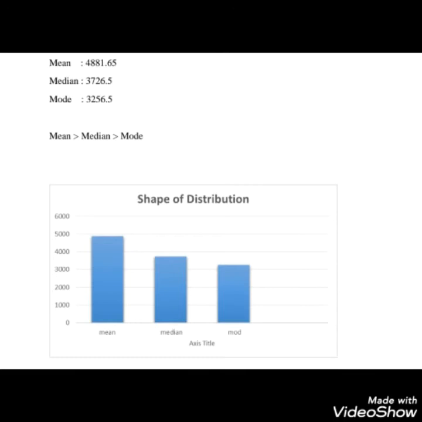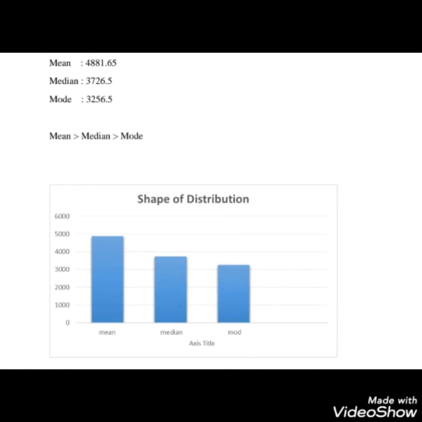Based on our data, we get that the mean is 4881.65, the median is 3726.5, and lastly the mode is 3256.5. So we know that the mean is the biggest, second is the median, and lastly the mode, the smallest one.